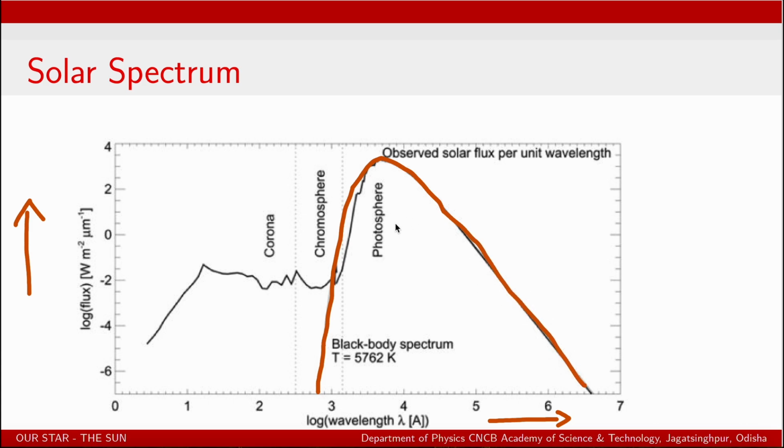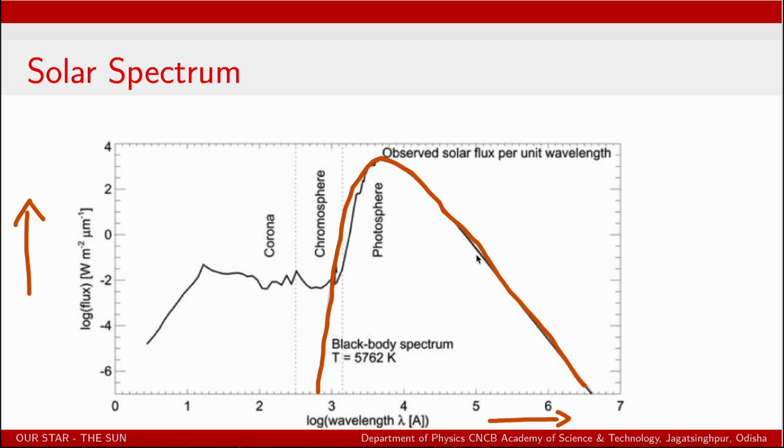Only for the radiation which can be attributed to the photosphere does it look like a black body. Then from here it deviates, and that's because of the radiation from the chromosphere and corona. Here we go to lower wavelengths, and lower wavelength means higher frequency. From the chromosphere we are having radiation at higher frequencies or lower wavelengths, and from the corona also we are having radiation at very low wavelengths or very high frequencies.